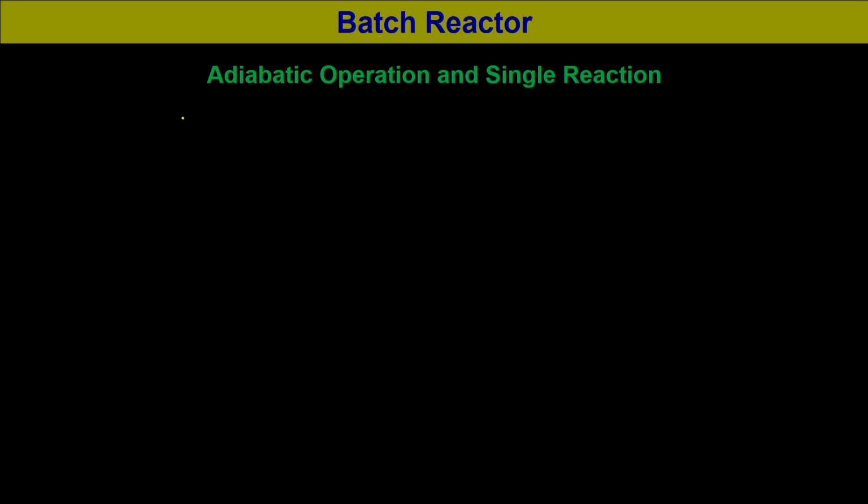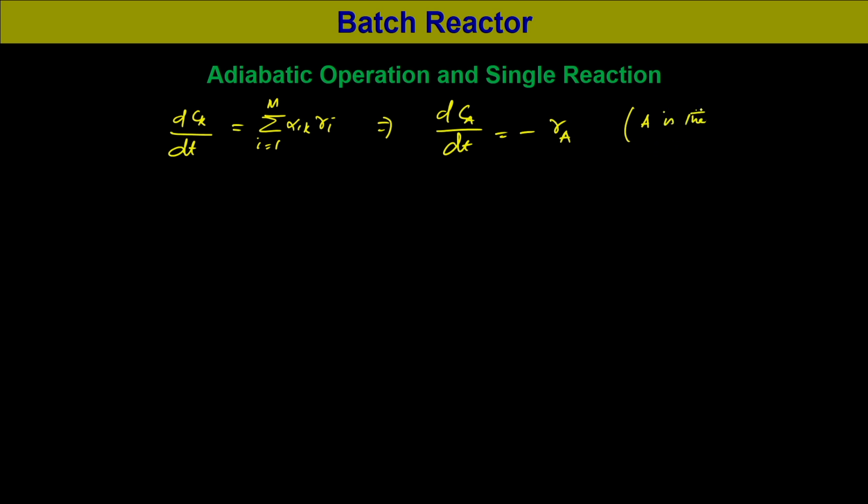Say we have dCk/dt is equal to summation over i is equal to 1 to m alpha ik ri. For a single reaction, we can write dCa/dt is equal to minus Ra for the reactants. So, A is the limiting reactant.